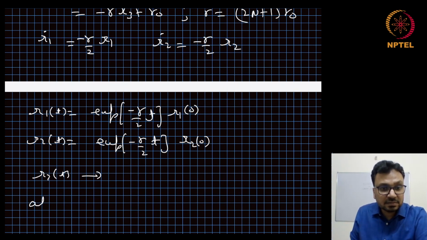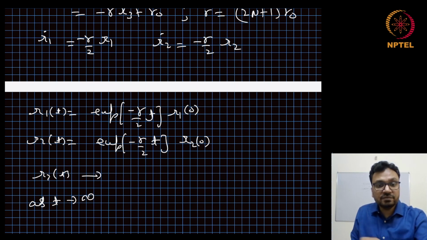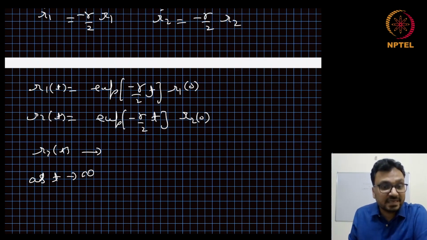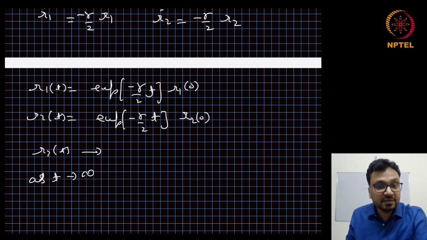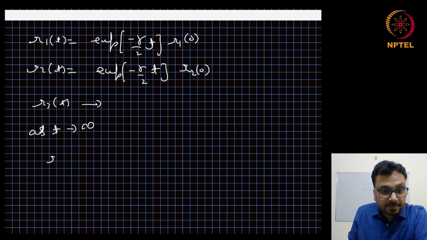As t tends to infinity, the system acquires a steady state, and in that we can see that dR over dt should be 0. So R1 goes to 0. From this equation we can see when we put t tending to infinity, this becomes 0.